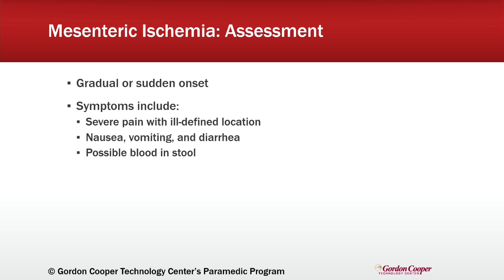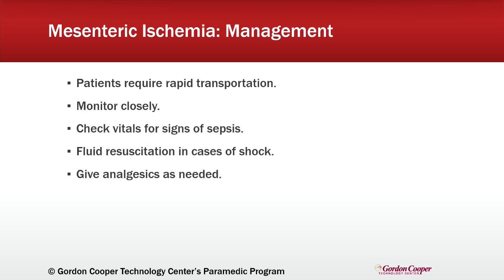A really thorough patient history is really going to be helpful in figuring out what the cause may be and really just identifying the risk factors that the patient has and to help determine transport decision making. Rapid transport to a hospital that may be able to perform emergency surgery is going to be key. Monitor the patients closely, especially for signs of sepsis, and keep track of vital signs.